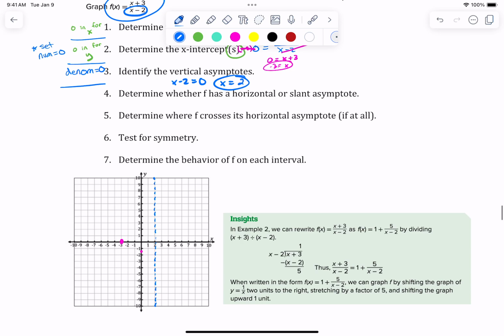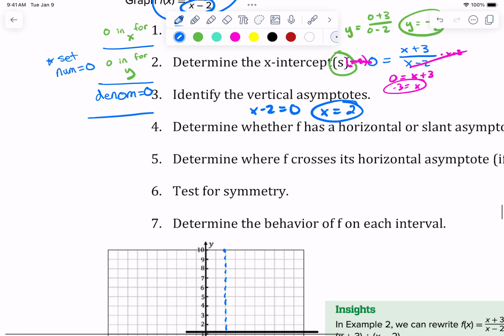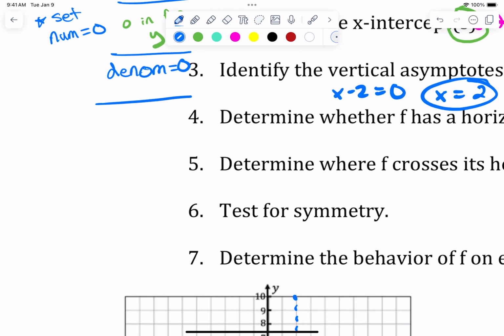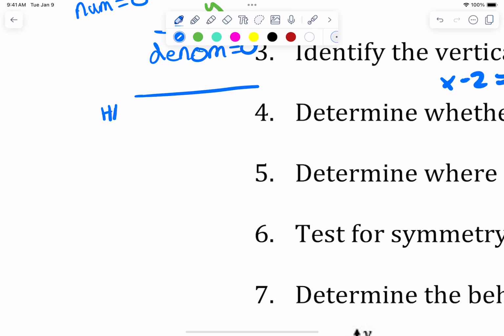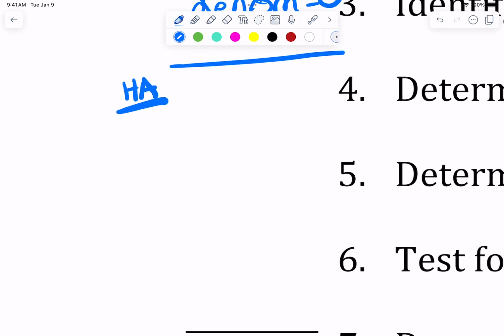Okay. Determine whether it has a horizontal or slant asymptote. How do we do horizontal asymptotes, by the way? How do I figure out the horizontal ones?